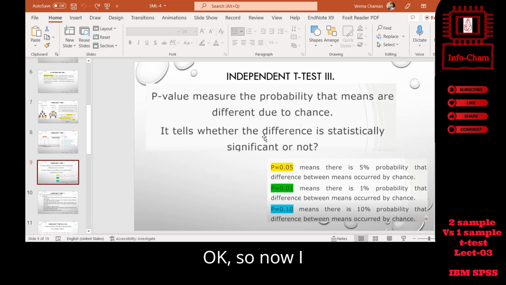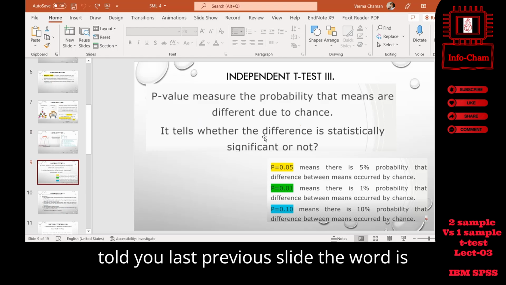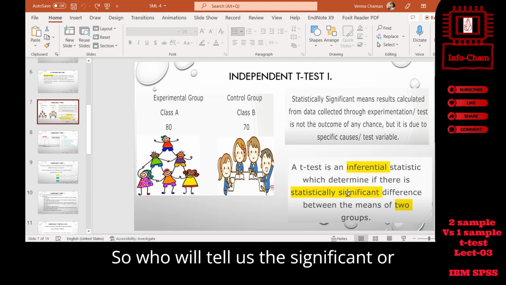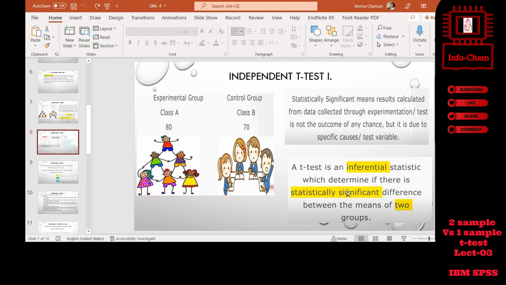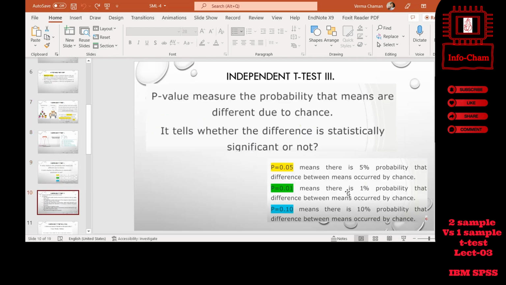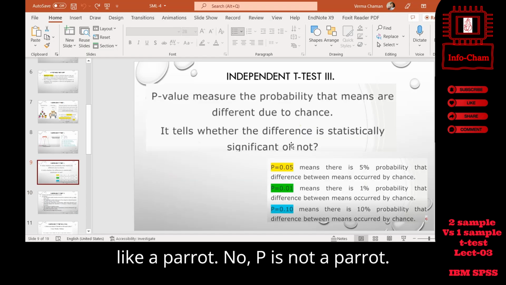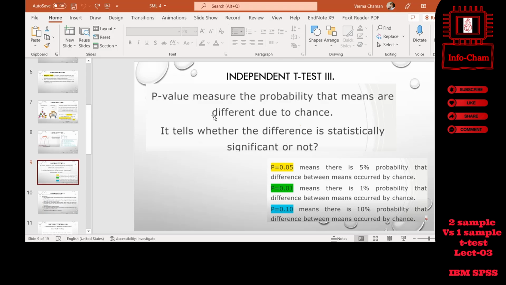Now, I told you in the previous slide, the word is significant, right? So who will tell us whether it is significant or not? The p value. What is the p value? P is like a parrot? No, P is not a parrot. P is the probability.